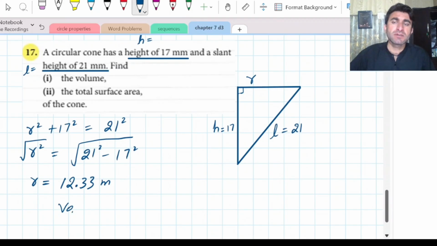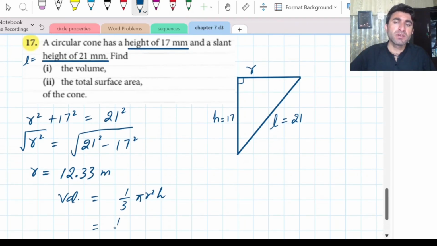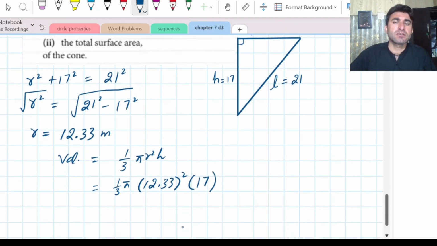So the volume becomes 1 upon 3 pi r square h, 1 upon 3 pi times radius 12.33 square, the vertical height 17, so it becomes 2706 millimeter cube. So that is the volume.